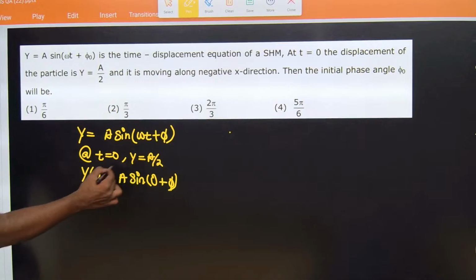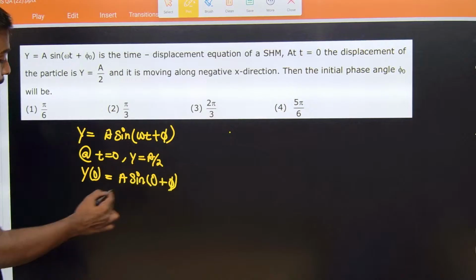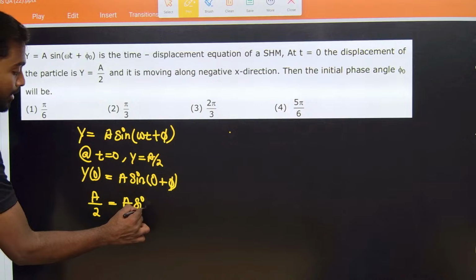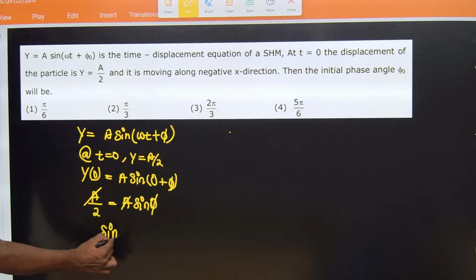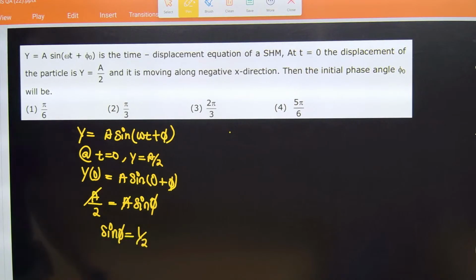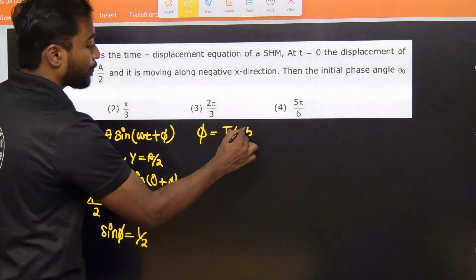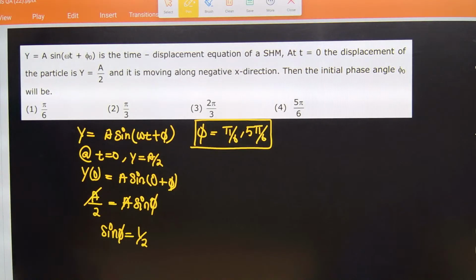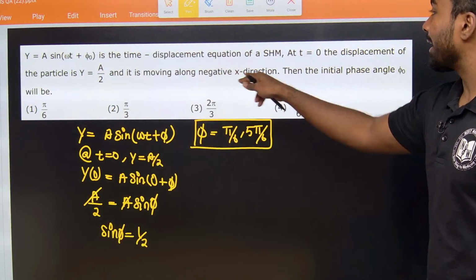So a by 2 should be equal to a sine phi. a can be cancelled out, so sine phi will be 1 by 2, where phi will be pi by 6 or 5 pi by 6. But out of these two angles, which one will be correct for the negative direction?